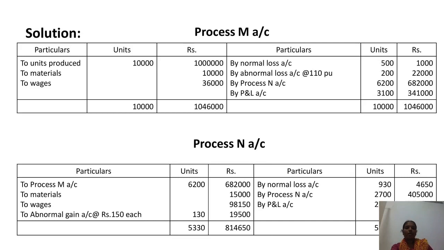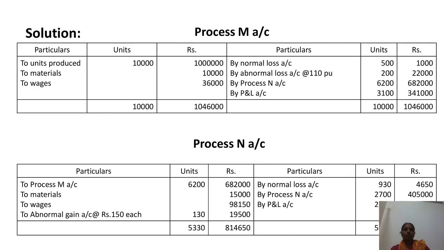And apart from that we have to calculate this process N account. How many units have been transferred? Here we have 6,200 units.